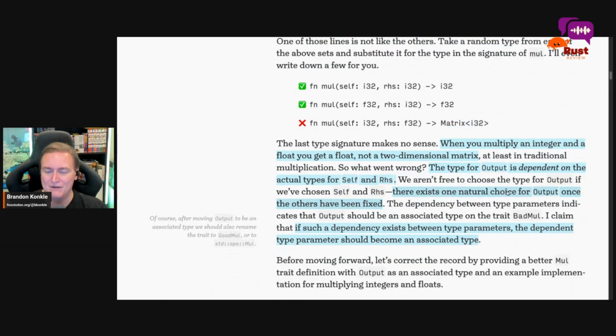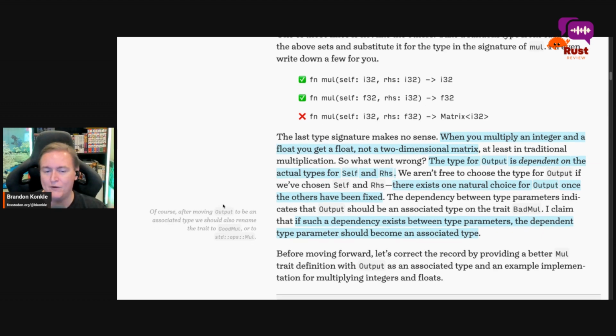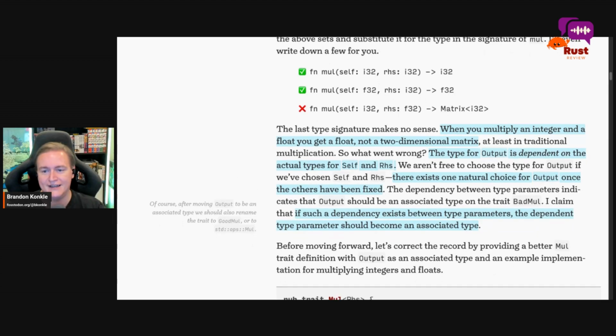So what went wrong here? This is legitimate. You can pass matrix I-32 as the output type. But the problem is that that's not going to work because the type for output is dependent on the actual types for self and RHS. So we can't choose any type for output. We're not free to choose the type. Once we've chosen self and RHS, then there exists one natural choice for output once the others have been fixed.